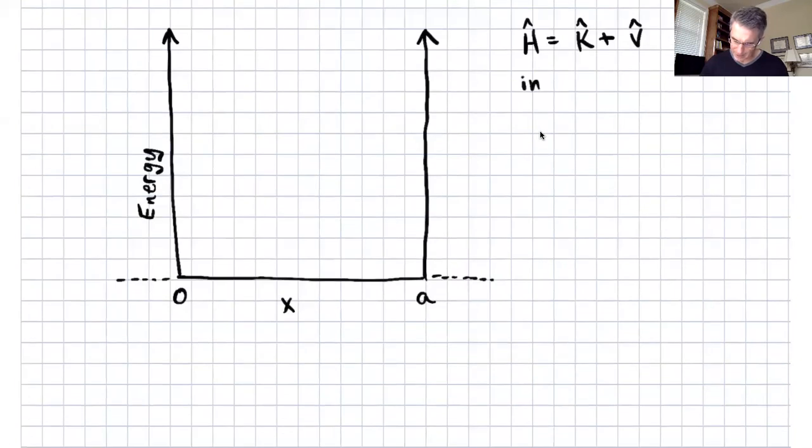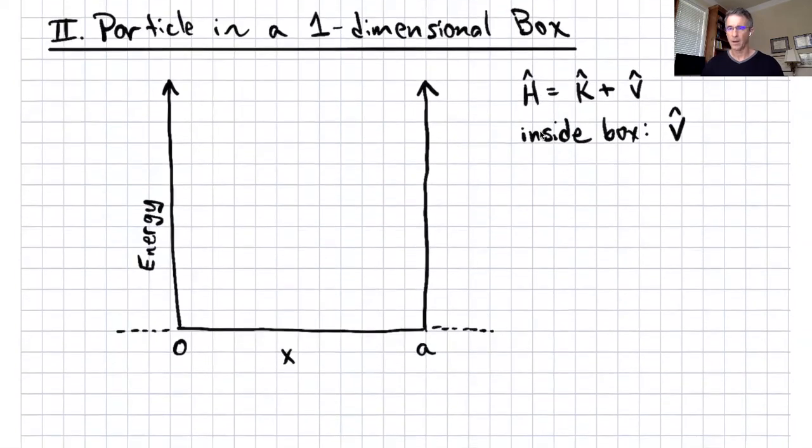Inside the box, we're just going to make this simple. We're going to say that inside the box our potential energy operator is equal to 0, and outside the box we're going to say our potential energy operator is equal to infinity.